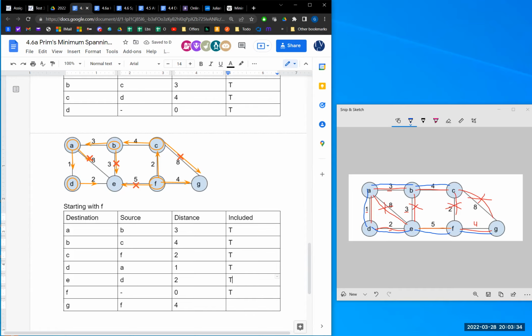We now know how to get to E. That's in our spanning tree. E has no new information to give us. So then we'll go ahead and mark G in the spanning tree when we go ahead and take this edge over here. An edge we discovered a long, long time ago and finally decided to keep in the tree.